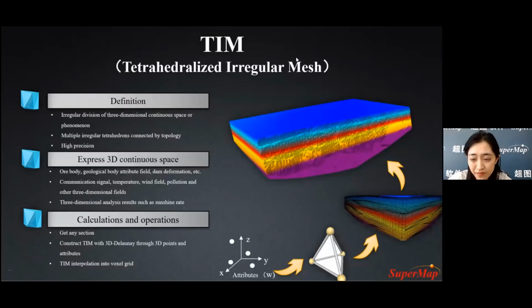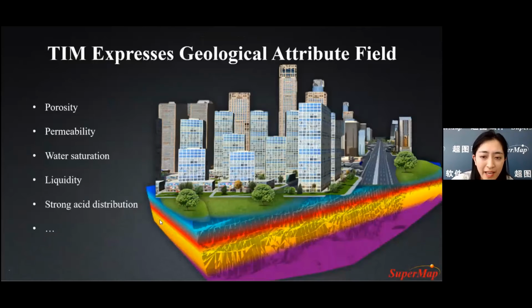In terms of spatial structure, the TIM is composed of multiple irregular tetrahedra with topological connection and separation. It can represent the irregular division of continuous 3D space. And the TIM can express geological attribute fields like porosity and permeability and so on.